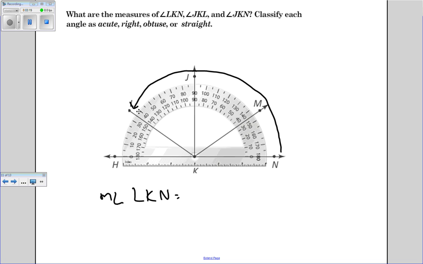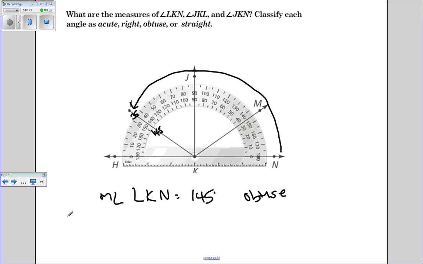You've got from 30 to 40, let's guesstimate that's 35, or 150 to 140, let's guesstimate 145. Which one's the right answer? It's 145. Good job, because this one is what type of angle? It's obtuse. Awesome.